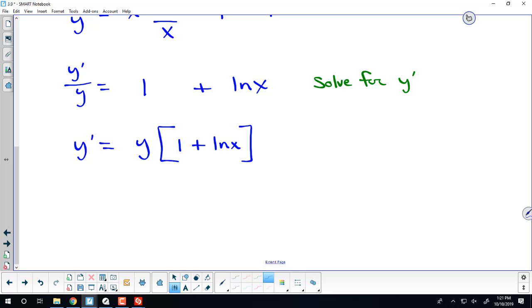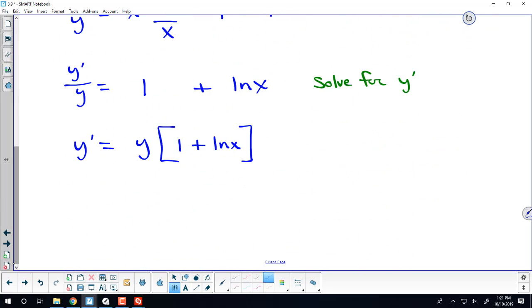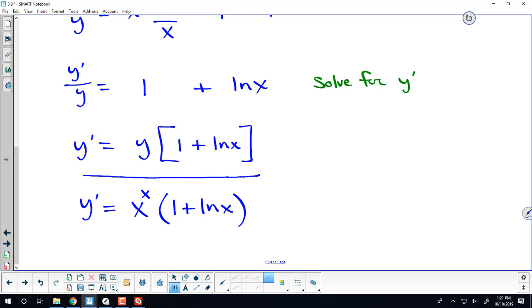What is y? x to the x. Yeah, right, it was the function that we started off with. So we'll just put x to the x in there for y. That way everything on the right-hand side is in terms of x. So x to the x, 1 plus ln x, is the derivative. And then again, we can verify that with what we did on page 7, that was exactly what we got.